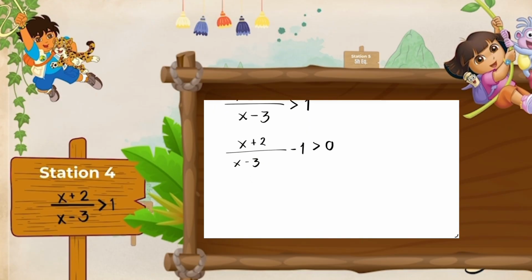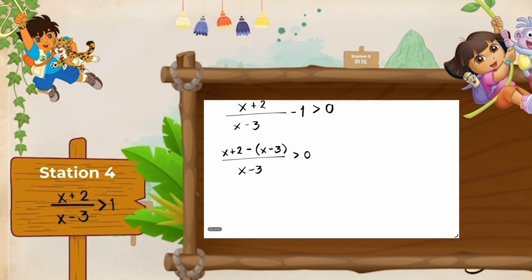What is the LCD? The LCD is x - 3. x - 3 divided by x - 3 is 1, times x + 2 is x + 2. x - 3 divided by 1 is x - 3, times 1 is negative (x - 3). Now, we're going to distribute the negative sign to x - 3.